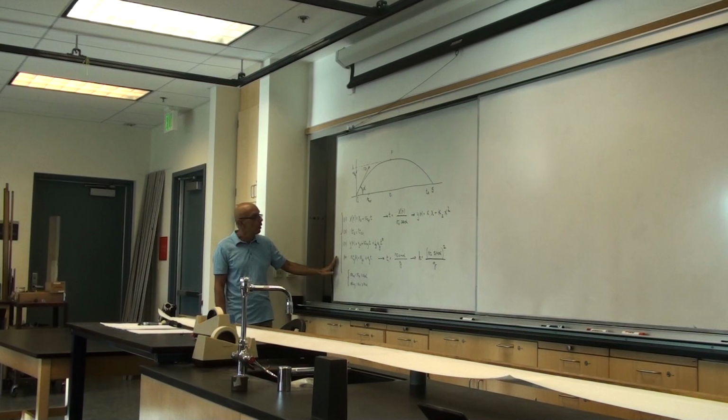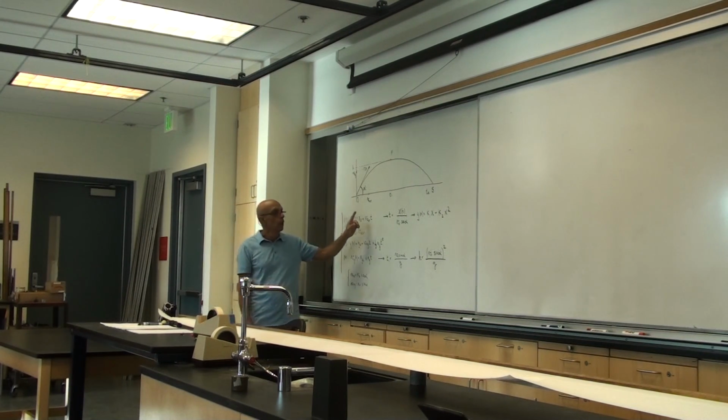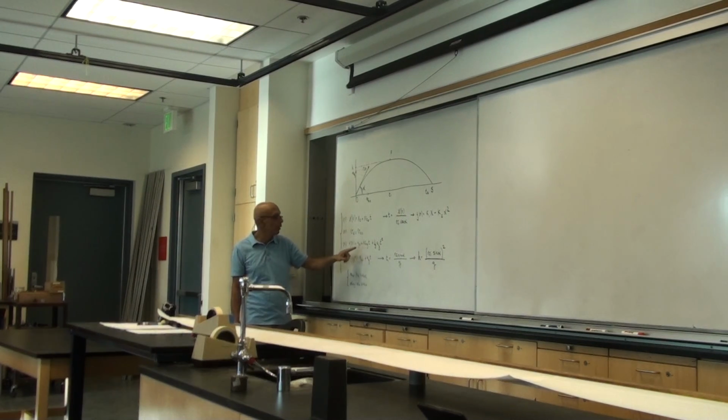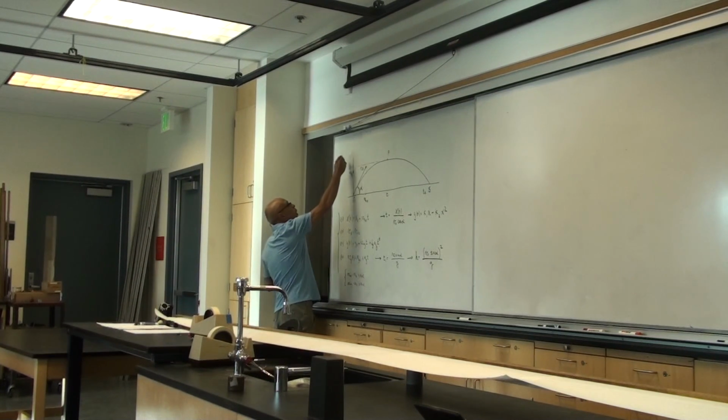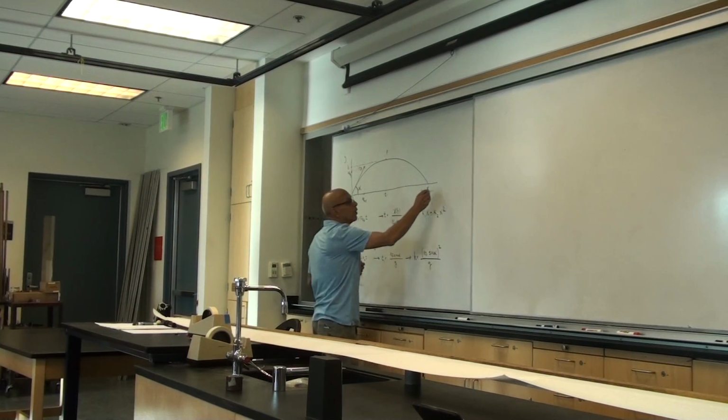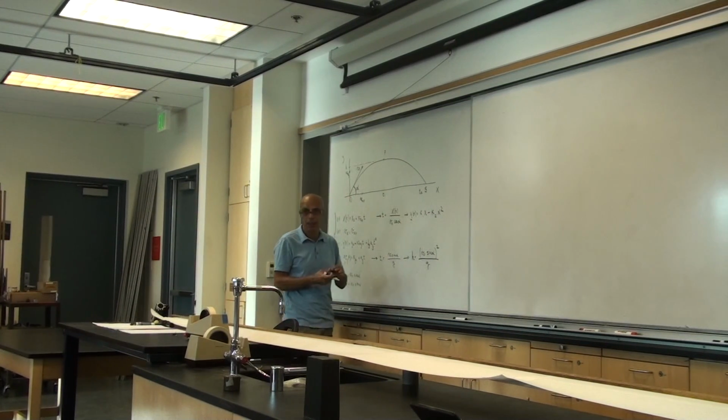So the first thing we did is I showed you by calculating time on equation number 1 and plugging in on equation number 3, basically finding y, this is the y-axis, as a function of the x-axis, right?